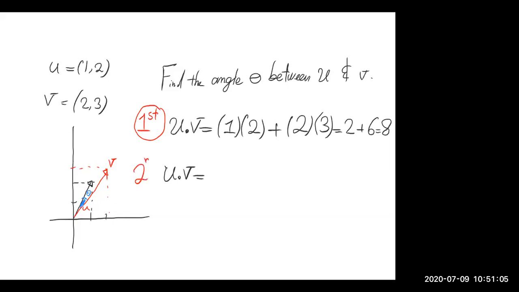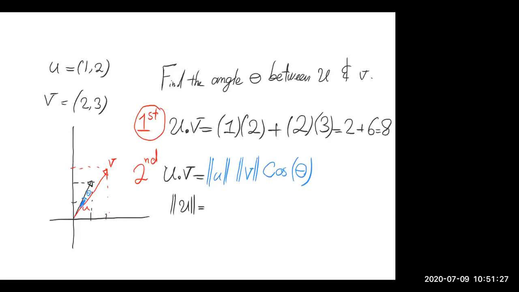Now there was a second way. The second way tells us the inner product is equal to the length of u times the length of v times the cosine of the angle between them. Okay. What is the length of u? How can I compute the length of u?